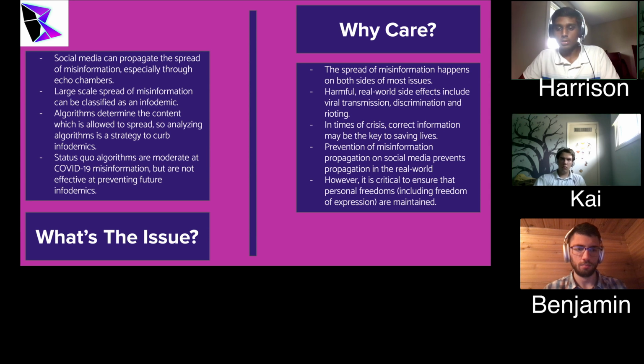In times of crisis like these, correct information may be the key to saving lives. Preventing misinformation propagation on social media prevents the propagation in the real world. At the same time, it is critical to ensure that personal freedoms and freedom of expression are maintained throughout the process.